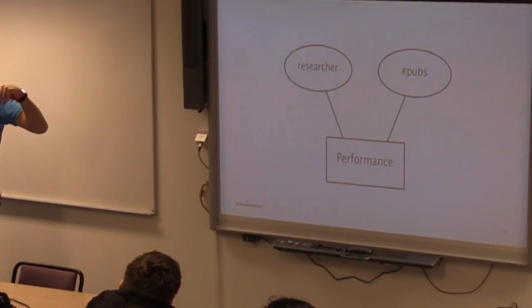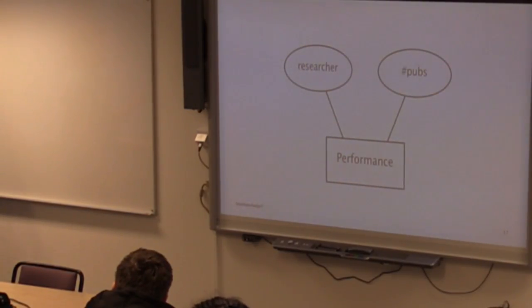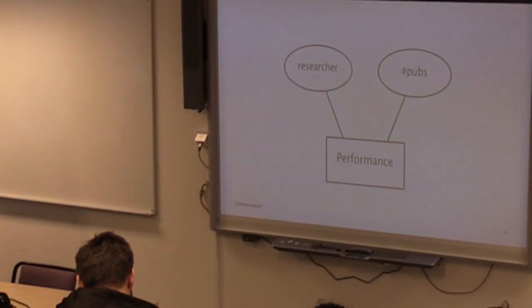We are somehow trying to relate the researcher and their papers and somehow store its performance. If you would do an Excel sheet of this, then you would have 2 columns, or at least 3 columns. The researcher, the identity of that paper, and the performance.